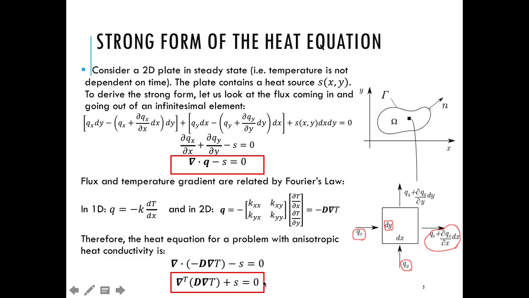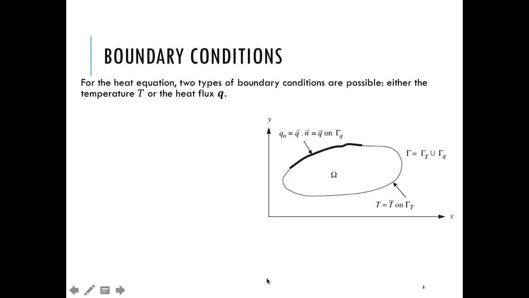Of course, there are still some things missing in this, which are primarily the boundary conditions. So remember that the strong form consists of the governing partial differential equation and the boundary conditions we have for a given problem. Okay, so what are the boundary conditions here? For the boundary, we can have two kinds of boundary conditions.